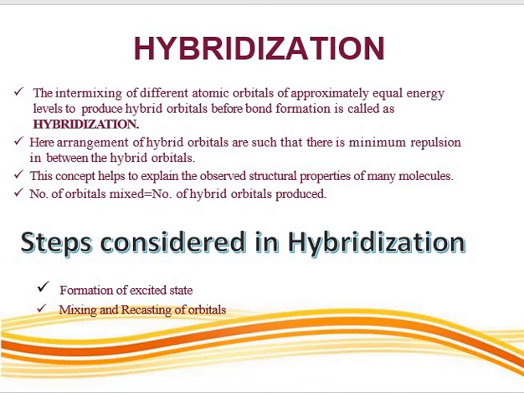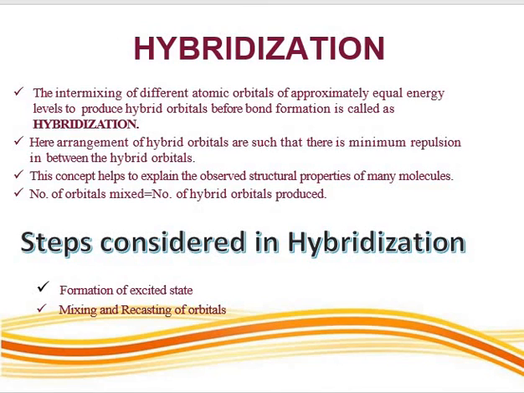These two orbitals will now be called hybrid orbitals. These new orbitals arrange themselves in space in such a way that there would be minimum repulsion and maximum separation between them. And during the formation of sp hybrid orbitals, the two sp hybrid orbitals have bond angle 180 degrees.